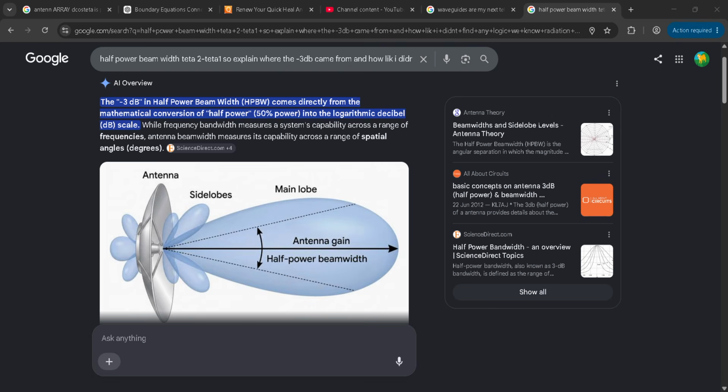So where did minus 3 dB come from, and how is it reduced?